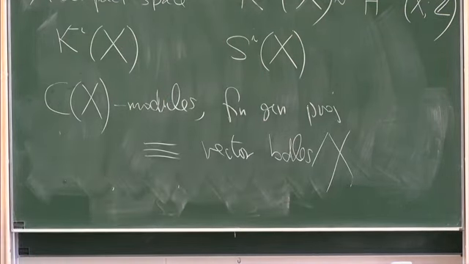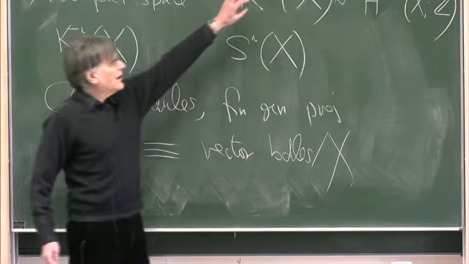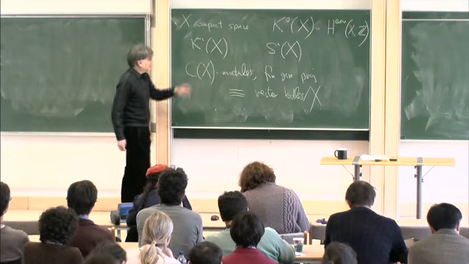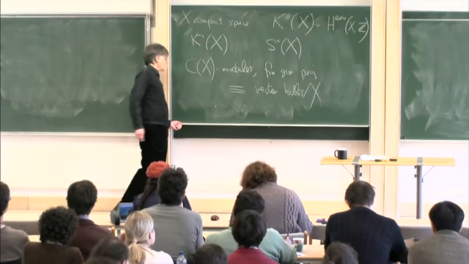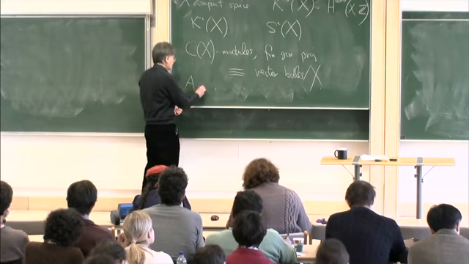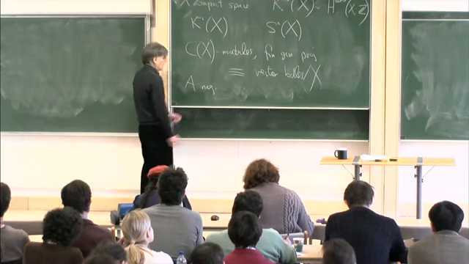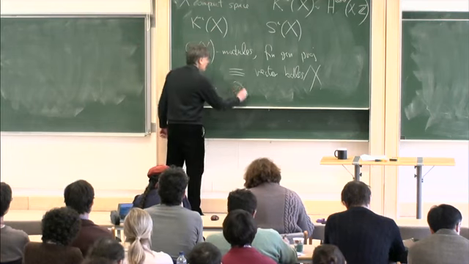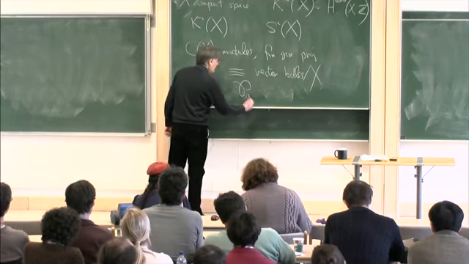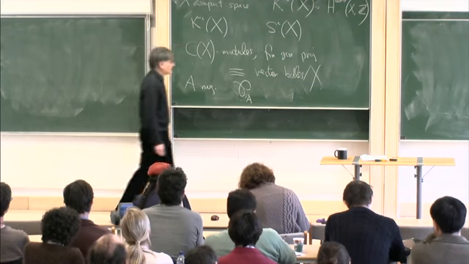And therefore, that suggested that just as you make this out of the category of vector bundles on a space, so when you take any ring A, we can consider the category of finitely generated projective A modules.